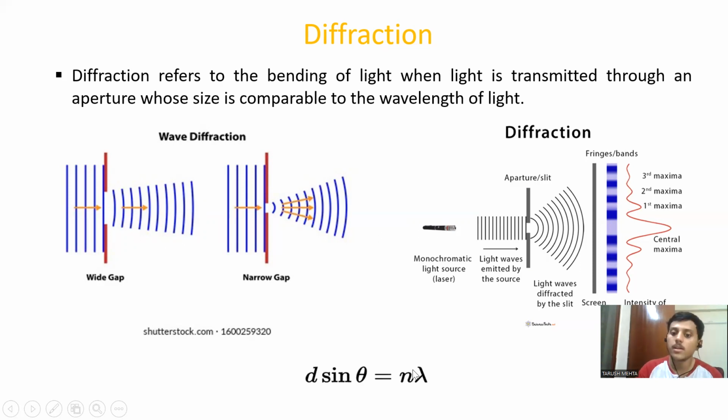And n is the number corresponding to the nth order maxima, and lambda is the wavelength. So d sine theta is equal to n lambda. Also, sine theta can be approximated to tan theta, which is nothing but y by D, where y is the position of the nth order maxima from the center of the slit, and capital D is the distance of the screen placed from the slit. So using that equation, we can find which maxima is positioned at which location with respect to the center of the slit.